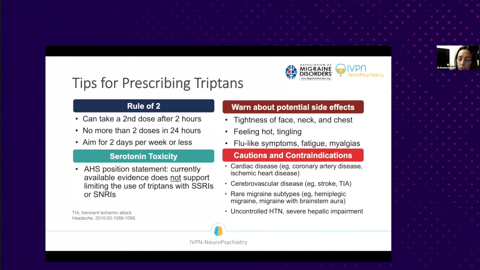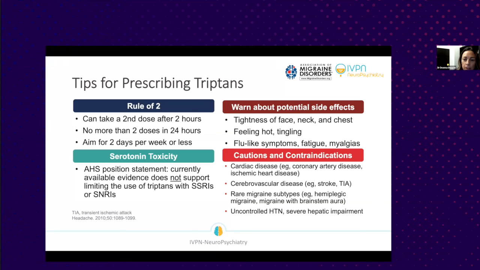Common side effects to warn children of with regard to triptans, particularly sumatriptan, are tightness of the face, neck, and chest. They can feel hot. It can be really intolerable for some, and for others, it's not bothersome at all. So we really ask the kids, how do you feel? Does it help you? Do the benefits outweigh the side effects?